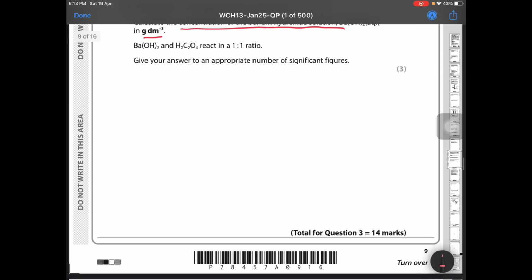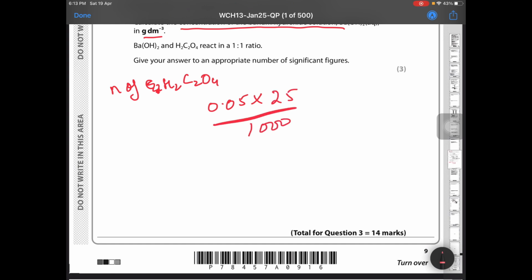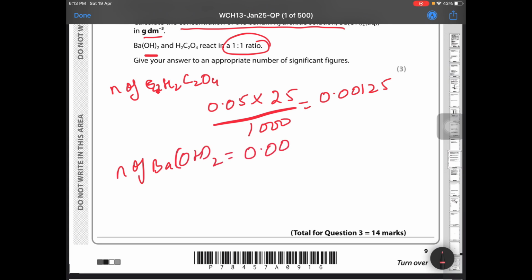So to find the moles of H2C2O4, this will be concentration times volume, because the volume is in centimeter cube, you have to convert to decimeter cube. Your answer will be 0.00125, and as you know, the ratio is 1:1. So the moles of barium hydroxide will also be 0.00125.